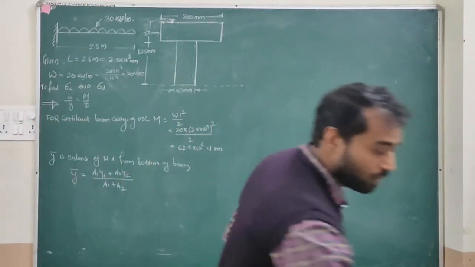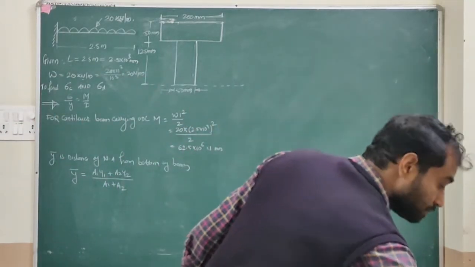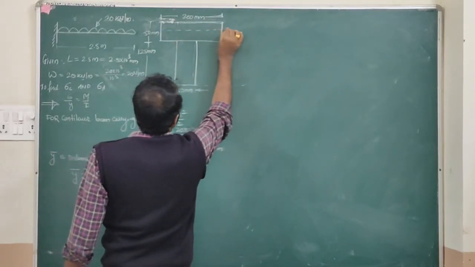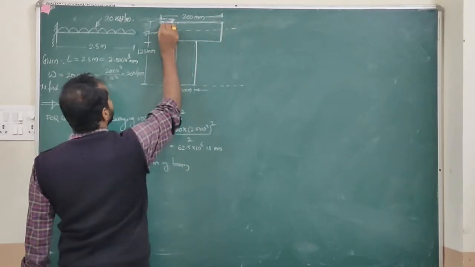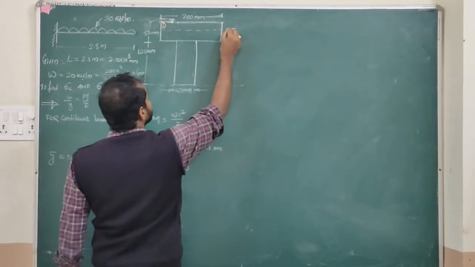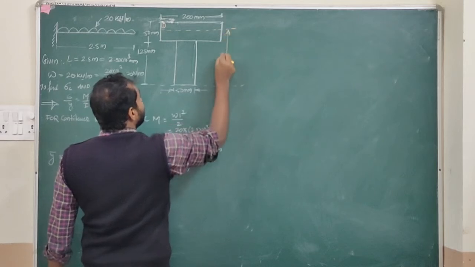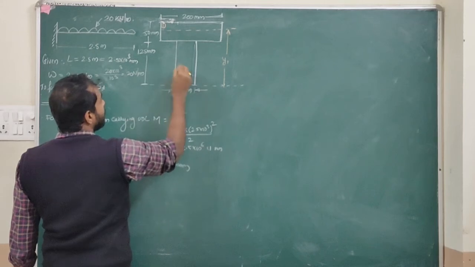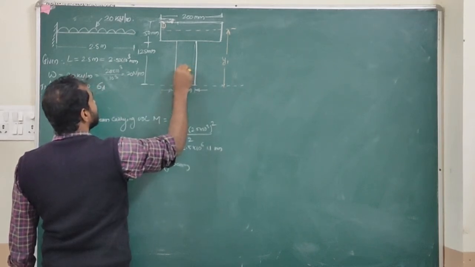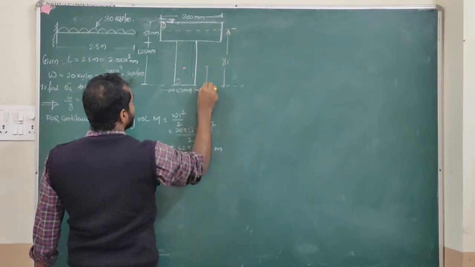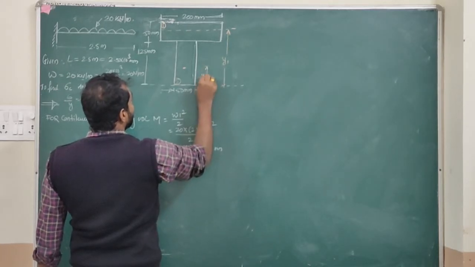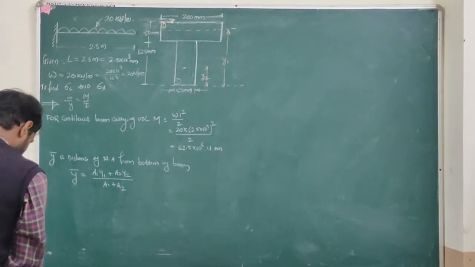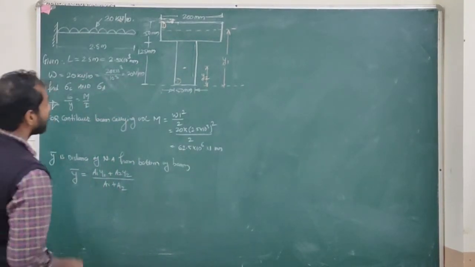Now if we locate it, if this is the CG for the first element, then this distance will be y1, and if we consider this as the second element, and consider CG somewhere here, then this will be y2.